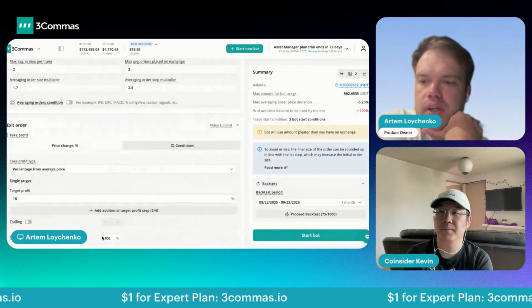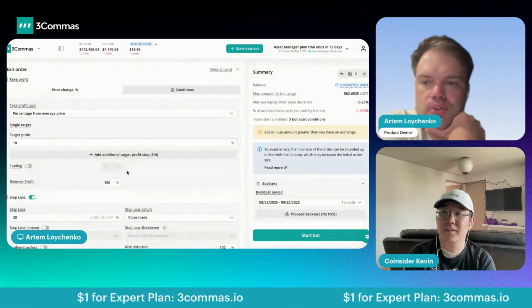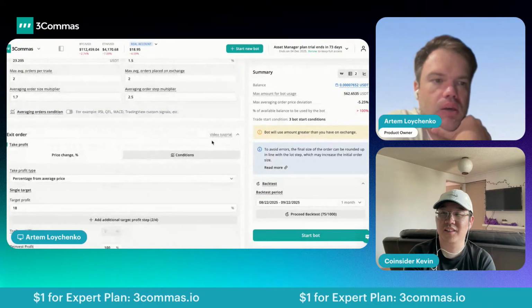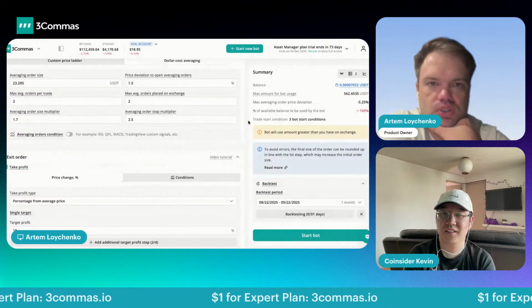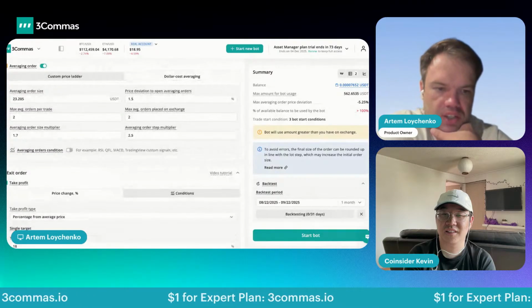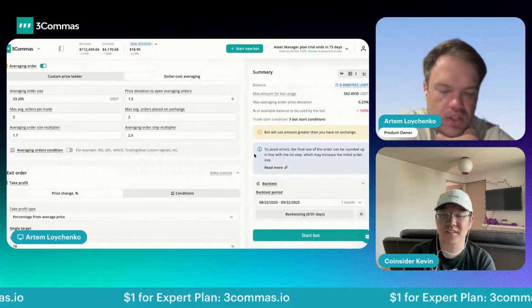Yeah. And we have the same parameters for take profit and stop loss. The take profit is really wide, but this is the take profit that I got when I was optimizing the strategy using our backtest.